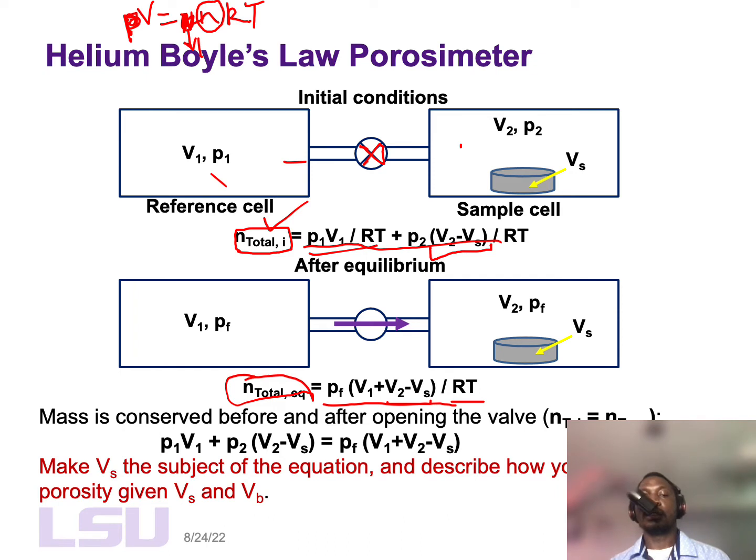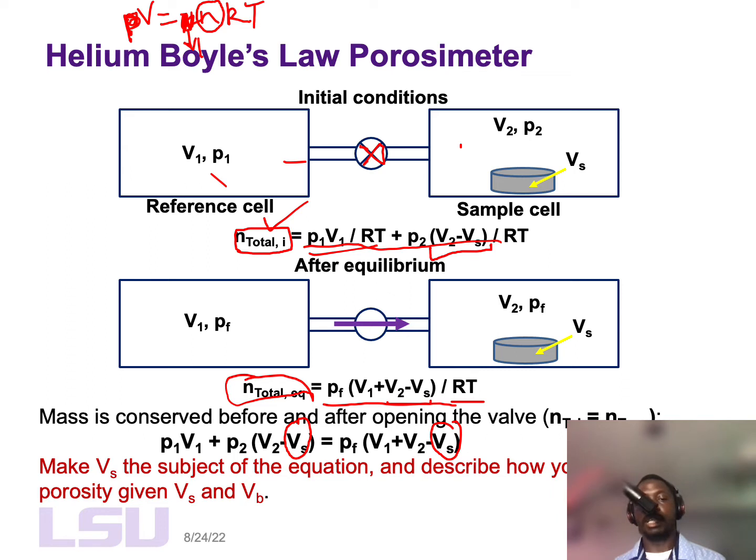And all we need to do is to make Vs the subject of the equation. So you see Vs here and you see Vs here. And then the question for you is, can you make Vs the subject of the equation?